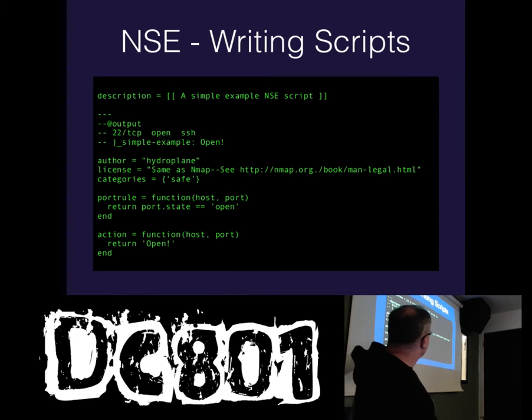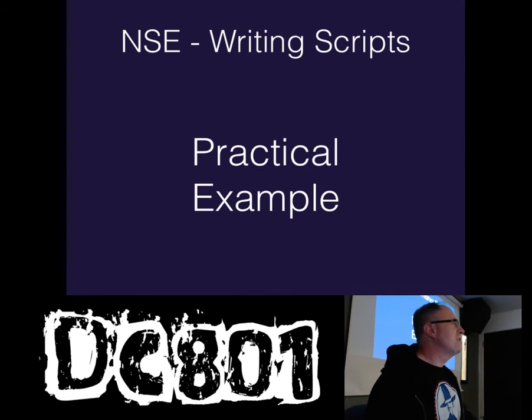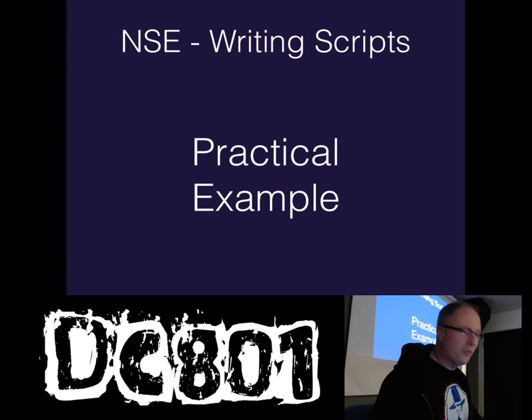In this case, if a port is open, I'm going to return open. So again, it's not that interesting, but it's simple enough that you can see how a script works. Sorry about that. But I've got another script that's a little bit more practical. It solves a real-world problem. So we're going to go to that one.